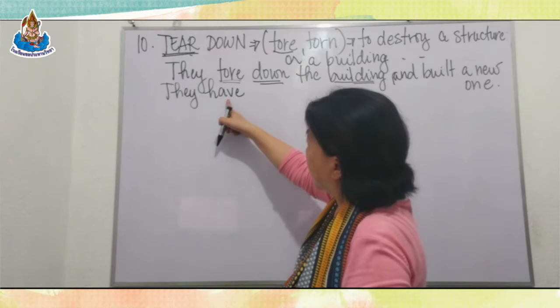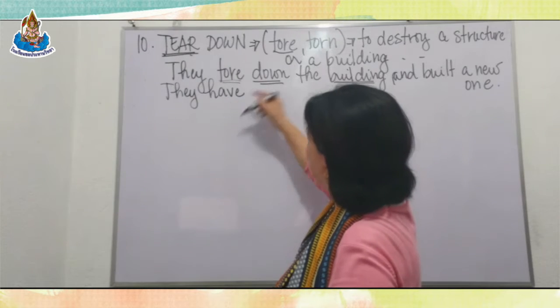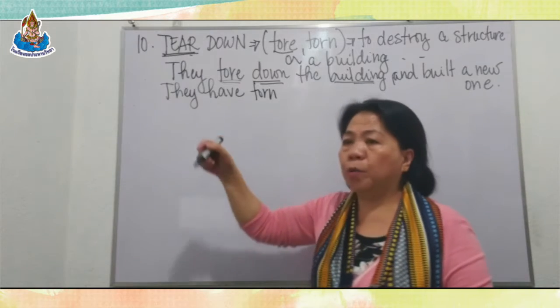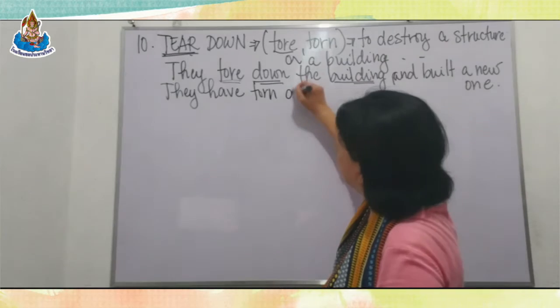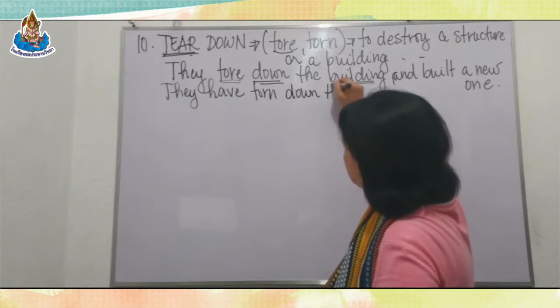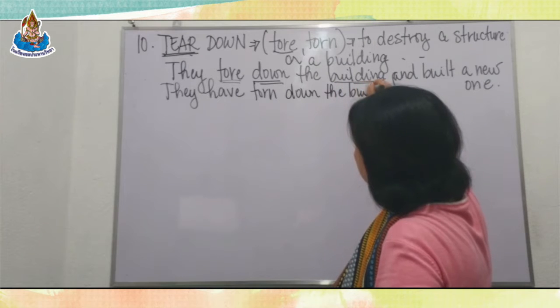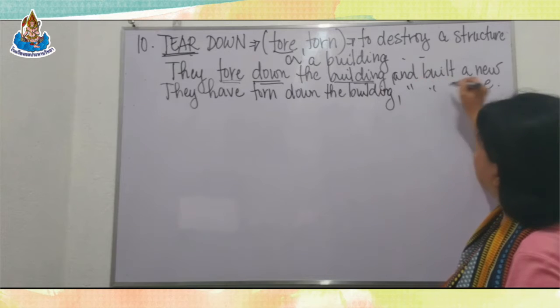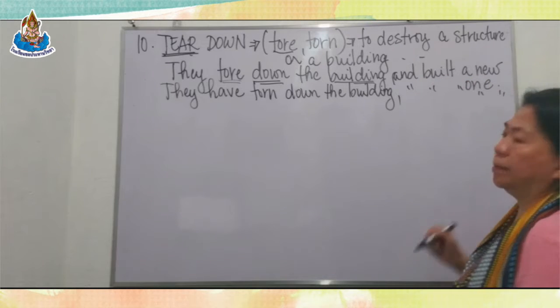That's why we use that helping verb. And then our verb 3, they have torn down the building. They have torn down the building and built a new one.